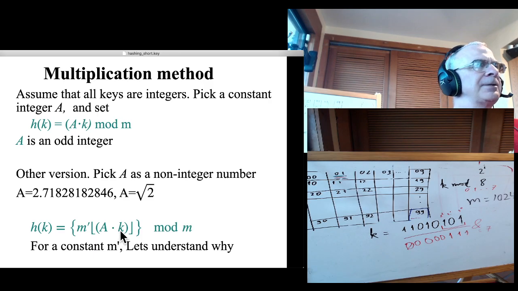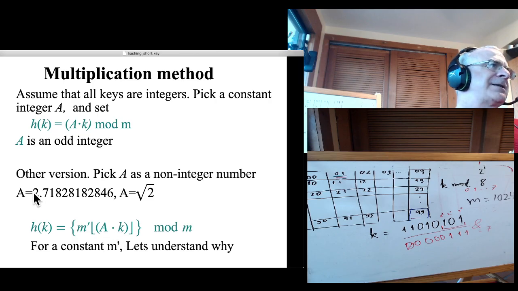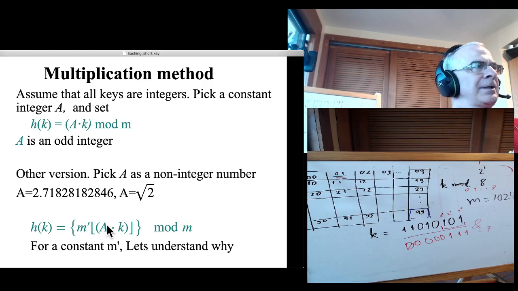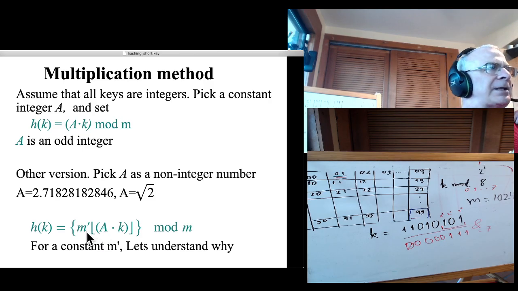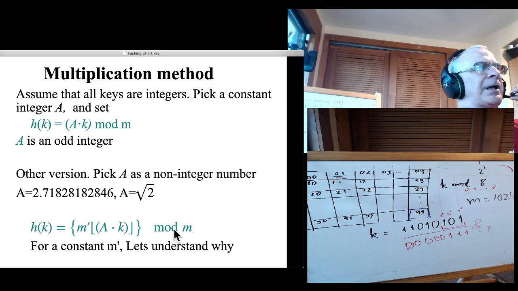I multiply it by this very strange number with a lot of digits, and I'll take the ceiling, because right now this number is a float. Now I'll multiply it by some prime number m, and do all of it modulo m, so that at the end I'll have an index between 0 and m, and that's how I do it.